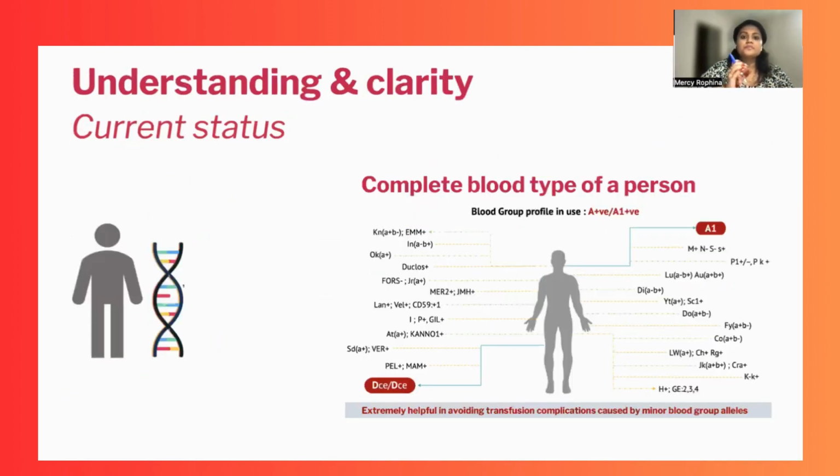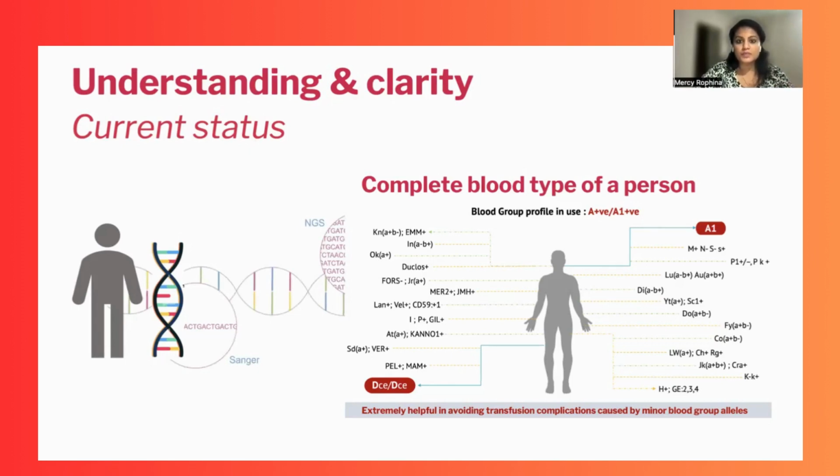Having said that, now we stand at a point where we have clarity on the usage of NGS-based screening techniques and their advantage in the field of transfusion. We could clearly state that with the help of NGS-based screening techniques, we will be able to get genome sequencing data, either genome-wide or exome-wide, with the help of which we will be able to comment on the complete blood type of a person.